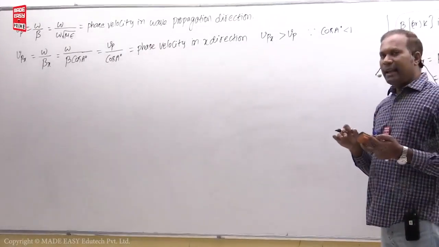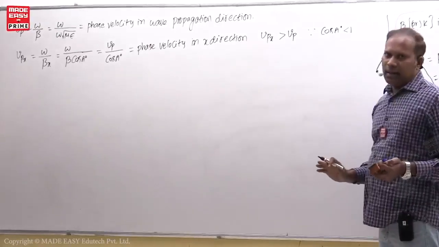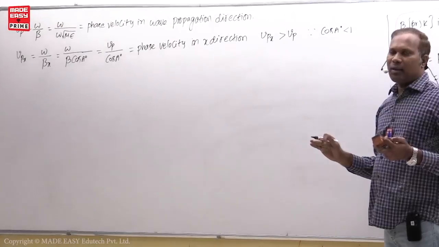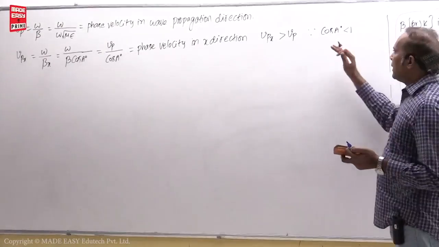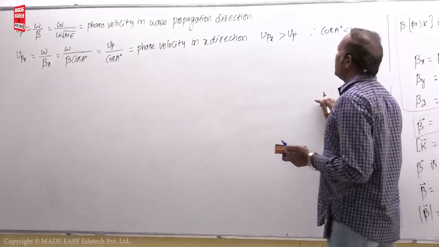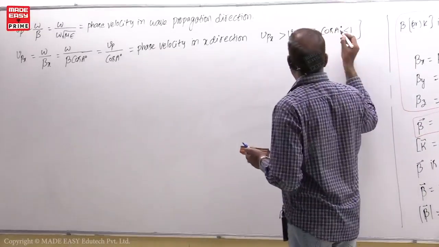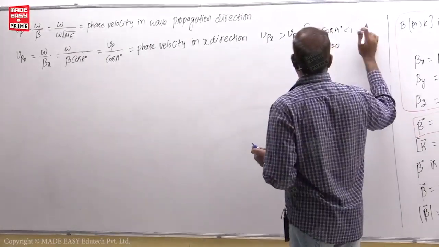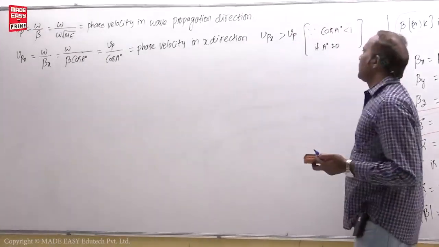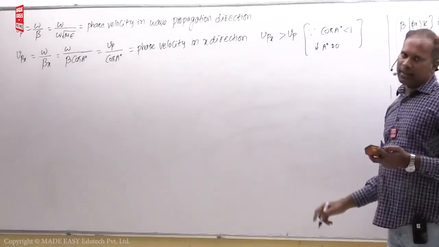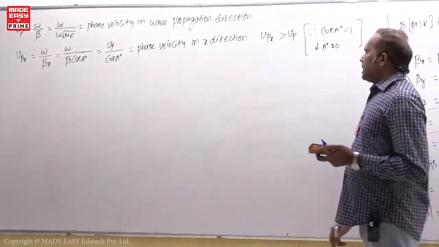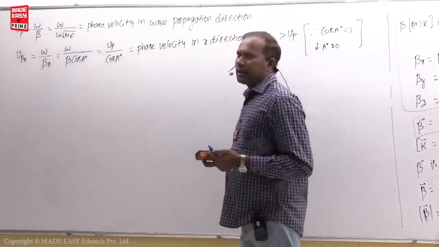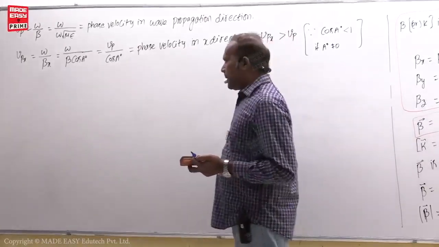If it makes a 0 angle with any axis, then there is no need for this discussion. This discussion applies whenever the wave makes some angle with the x axis, and some angle with the y and z axes. In that case this is less than 1, if A is not equal to 0. That is why there is less than 1 in the denominator, meaning the result is greater than the phase velocity in the wave propagation direction.